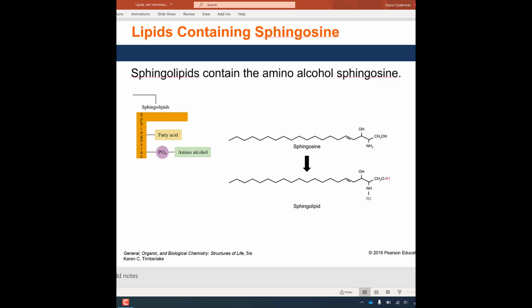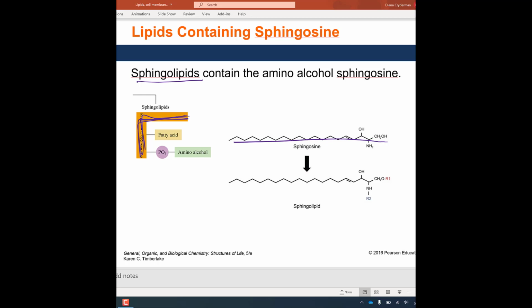We also have something like a sphingolipid backbone. Instead of that 3-carbon with hydroxyl groups, we have a sphingolipid. This is the outline of a sphingolipid, and in this orange here, that's the sphingosine curved there.